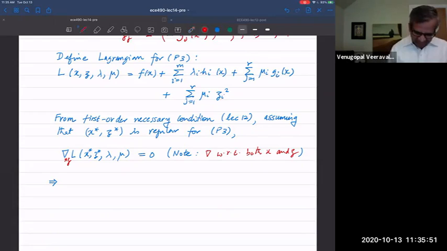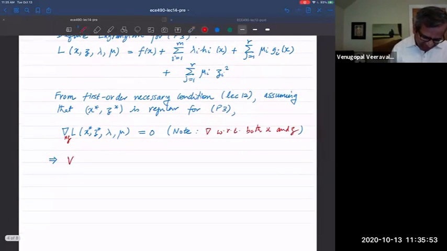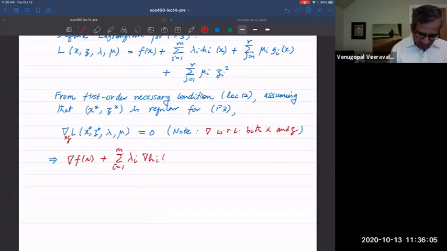That's gradient with respect to x of f plus summation i equal to 1 to m of lambda i gradient of h, and the gradient of the mu j, the gj, sorry, gj. Maybe that should have been a j there.